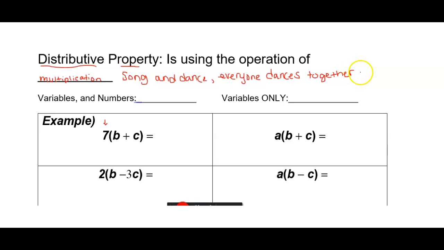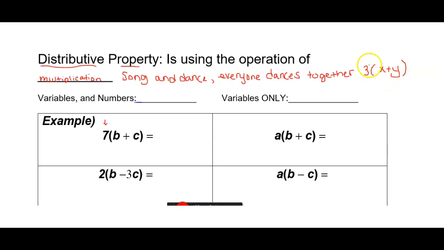Okay, and what I mean when I say that is if I have something, for instance, let's say I'm going to come up with the number 3, and it's being multiplied by x plus y.